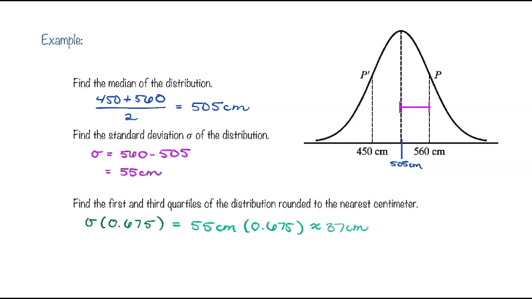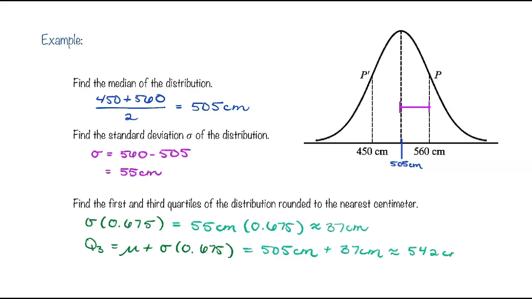To find the third quartile, Q3, we need to take the mean and add to that the standard deviation times 0.675. In our example, we found the mean to be 505 centimeters. And adding 37 centimeters, we find that the third quartile is approximately equal to 542 centimeters.